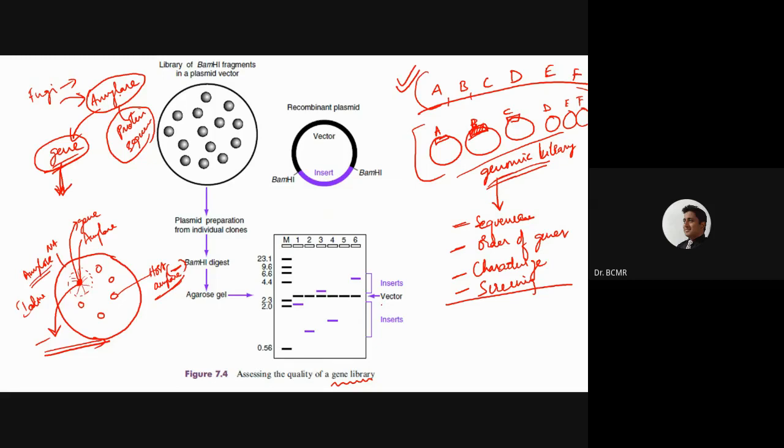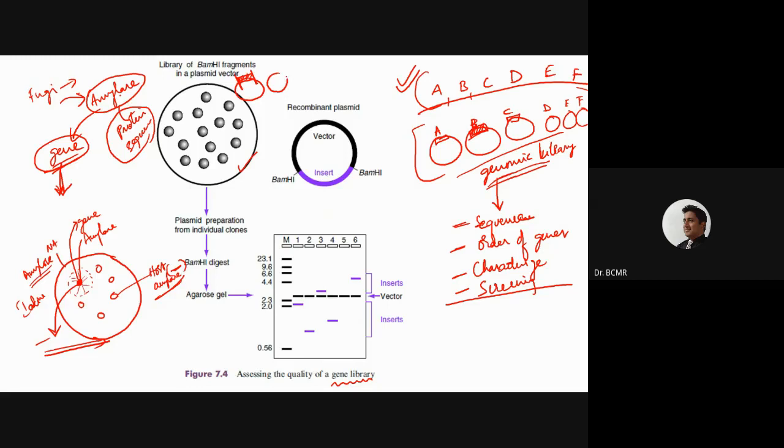There are also molecular clones, which people still do use. If I have a construct like this, this is a clone. Plasmid preparation was done. This is a library which is made in BamHI. Assume that each of them must have a fragment, something like this, with BamHI sites like that.